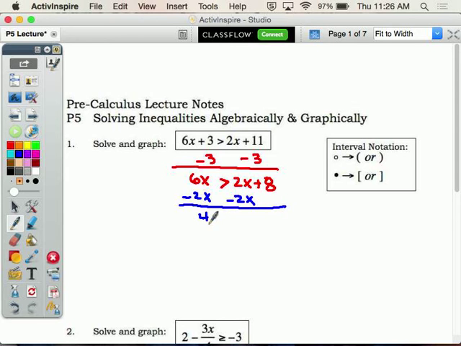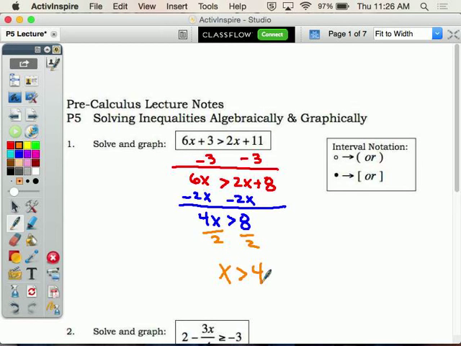And I end up with 4x is greater than 8. And then finally, to get the x alone, I would divide both sides by 2. And I end up with x is greater than 4 as an answer.